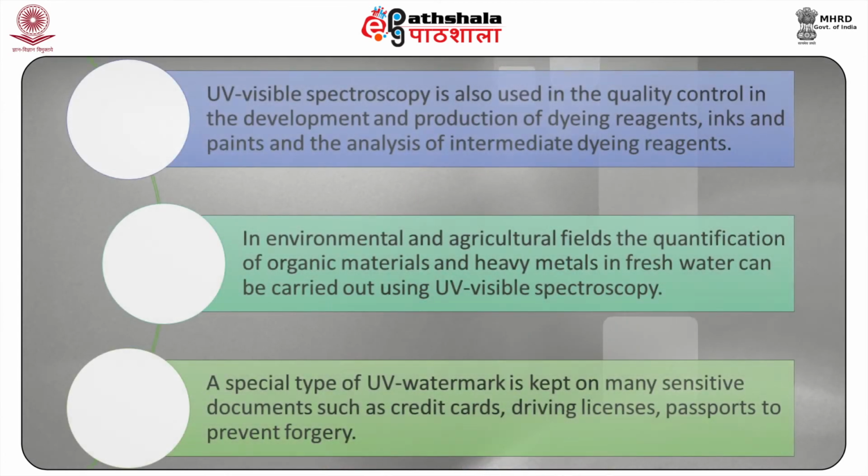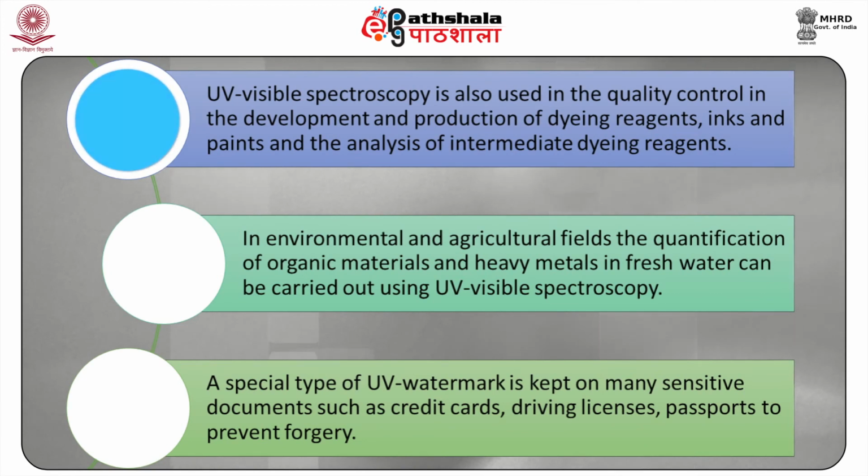Now coming to the other uses, summarizing the general uses of UV visible spectroscopy. UV visible spectroscopy is also used in quality control in the development and production of dyeing reagents, inks and paints, and in the analysis of intermediate dyeing reagents.